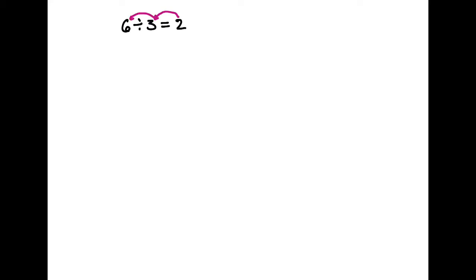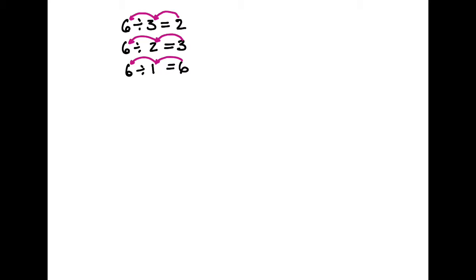It works. 6 divided by 2 equals 3. Let's check it. 3 times 2 equals 6. Let's keep going. 6 divided by 1 equals 6. And we check it. 6 times 1 is 6.